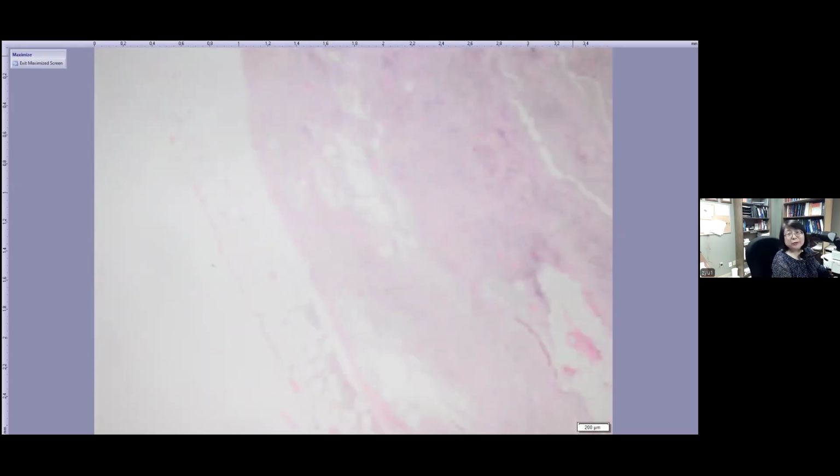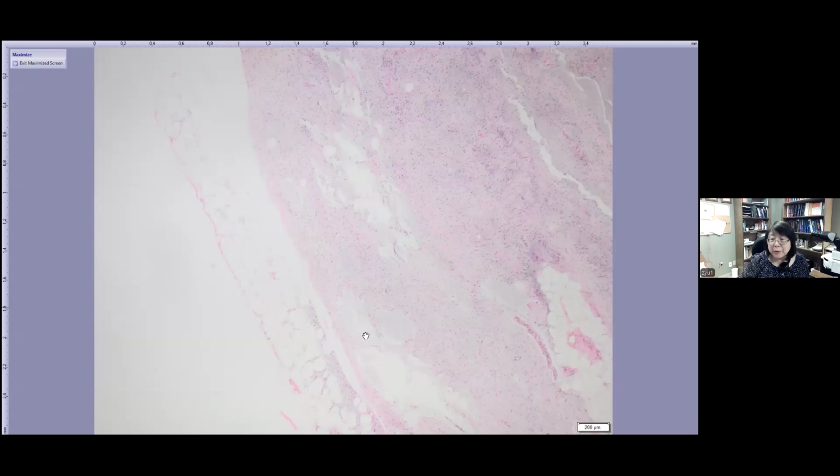As I said, in children we do not have much lipogenic tumor. This one is a low power view. That's mature fat, true fat, and that's a more cellular area, with some cystic degeneration, like a pool of mucin.